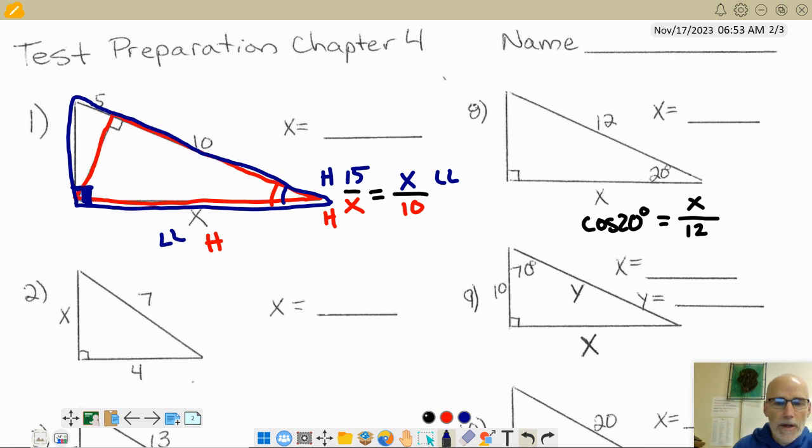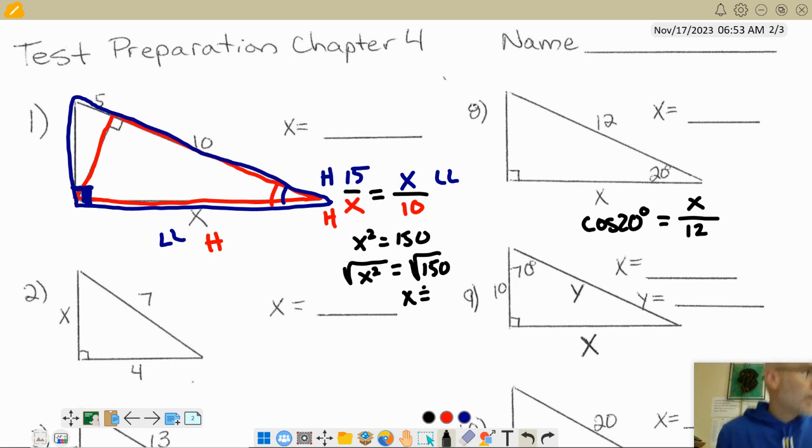Okay, so now we cross multiply, right? We end up with X squared equals 150. And to get X all by itself, when it's squared, the inverse of squared is the square root. So I'm going to take the square root of X squared, and the square root of 150. And that came out to be like 12 something, approximately. I don't know if I can see from here on the board. I cannot see it.